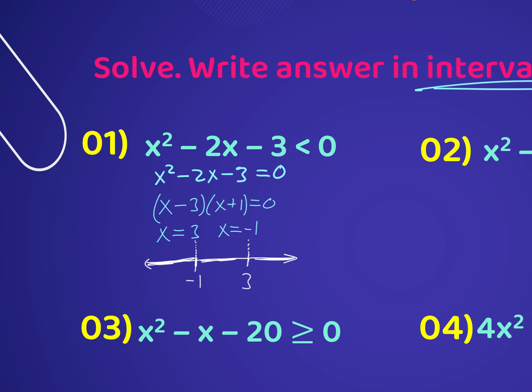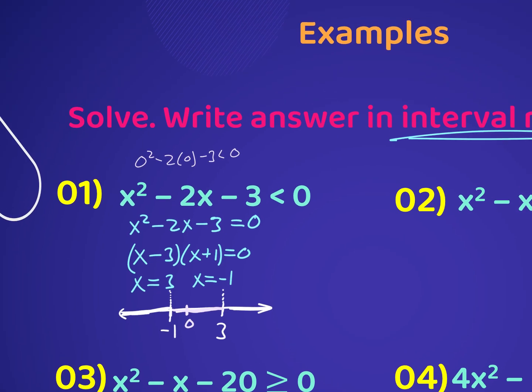You want to make the work as easy as possible for yourself, so I'm going to pick an easy number to work with, which is 0. I'm going to pick a point right here at 0. Now 0 is going to be in between these two numbers, negative 1 and 3, so I'm testing this entire region. I'm going to plug 0 into our original inequality and see if this is a true statement.